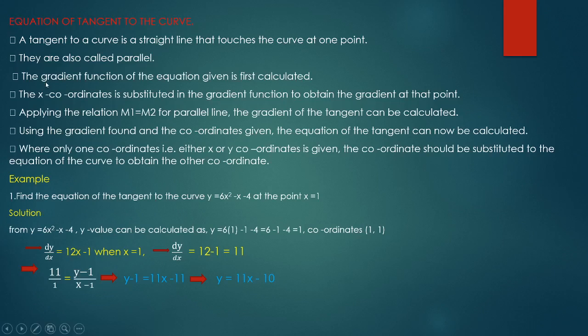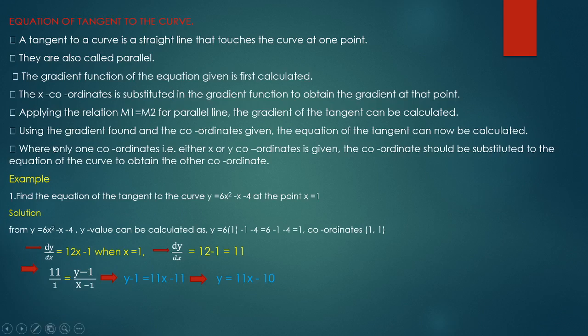So the gradient function of the equation given is first calculated. Then the x-coordinate is substituted in the gradient function to obtain the gradient at that point. Then we apply the relationship m1 equals m2 for parallel lines, like we have explained, to find the gradient of the tangent at that point.